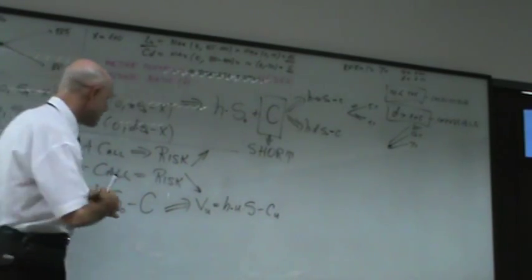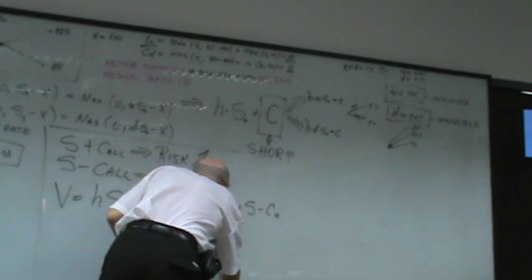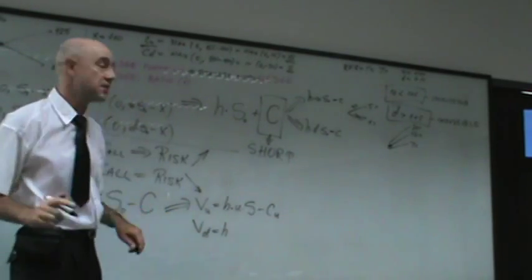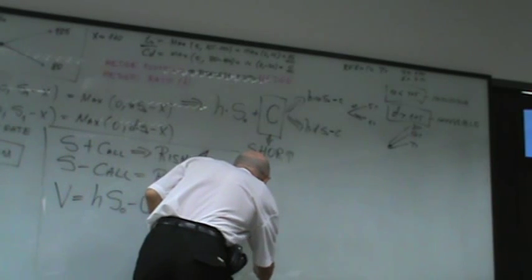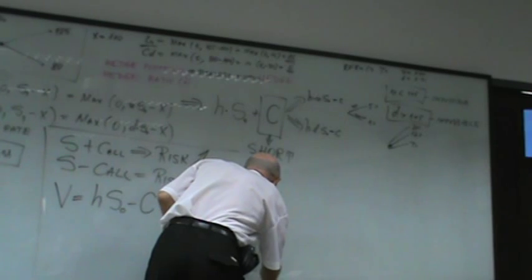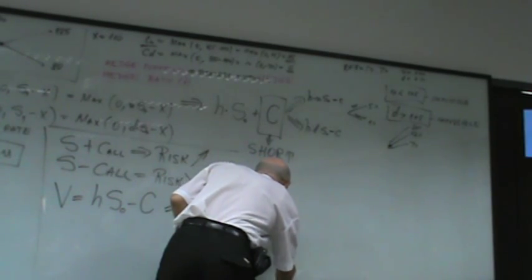And here, on the downside, it will be H times D times S0 minus C_D.